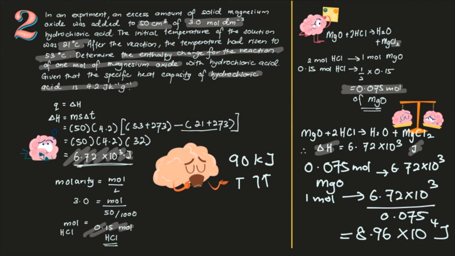But you need to understand that the endothermic process is for the hydrochloric acid only, because this consists of two different reactants, the magnesium oxide and the hydrochloric acid. So since the hydrochloric acid is an endothermic process, your magnesium oxide should be an exothermic process. So your delta H for the magnesium oxide should be negative 90 kilojoule. So this is the final answer for the second question.